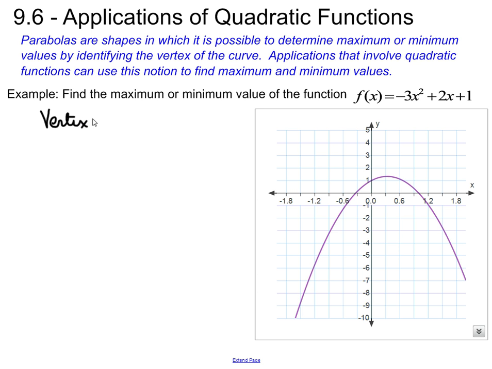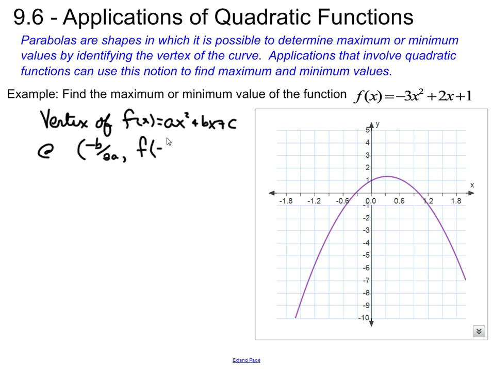of a function given of the form f of x equals ax squared plus bx plus c is always given where we have a coordinate at the point x is equal to the negative of b divided by 2a, and then the value of y at that coordinate point.